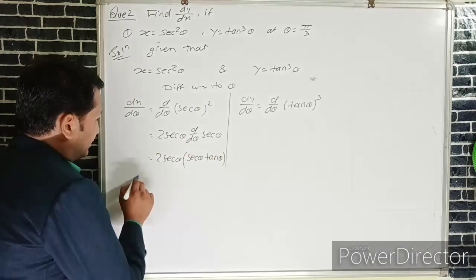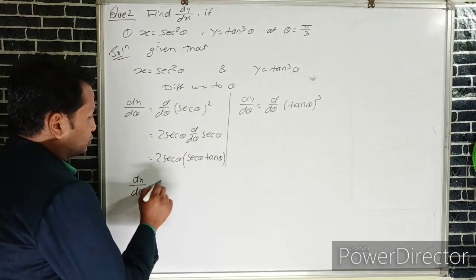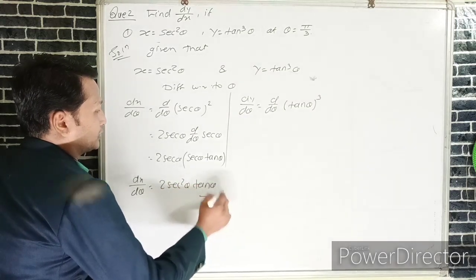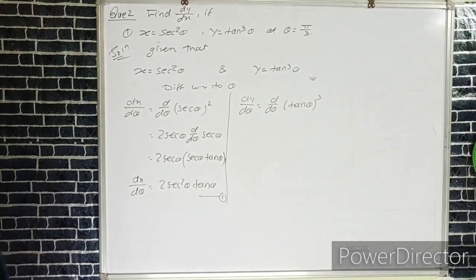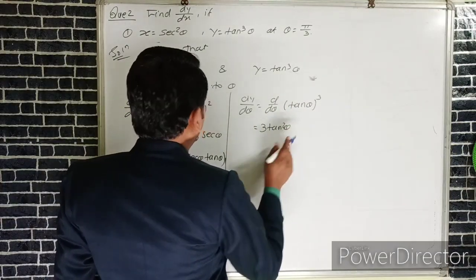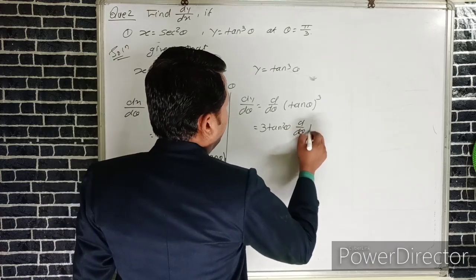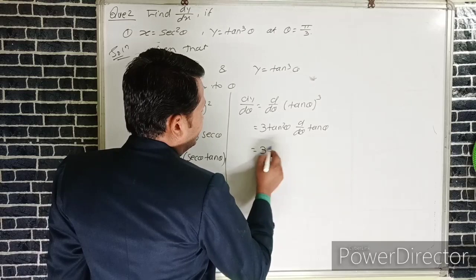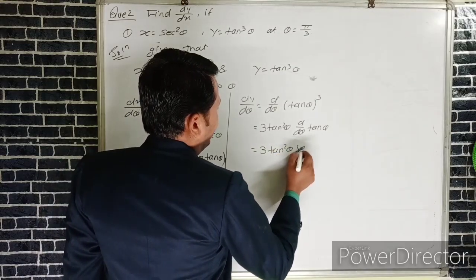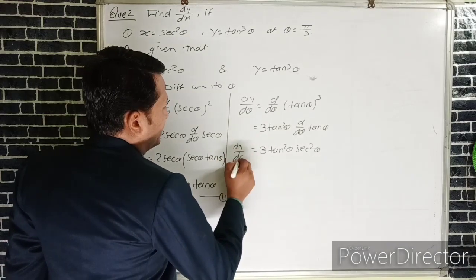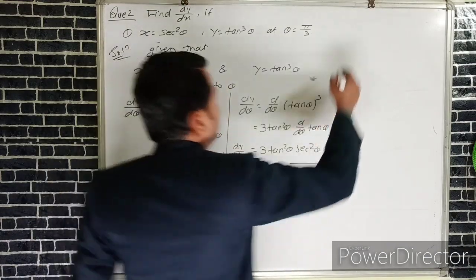Hence we can write dx upon d theta is equal to 2 sec square theta into tan theta, equation number 1. Now again we apply 3 tan square theta into the derivative of tan theta. We know that the derivative of tan theta is sec square theta. Hence 3 tan square theta into sec square theta is the value of dy by d theta, equation number 2.